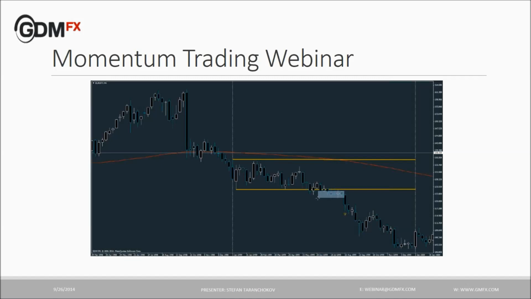Better lose, let's say, 10, 15, 20 pips from your profit rather than go into a position, opening a position in a rush. So in this particular example, this is the confirmation of a breakout. So I would open a position no sooner than here.